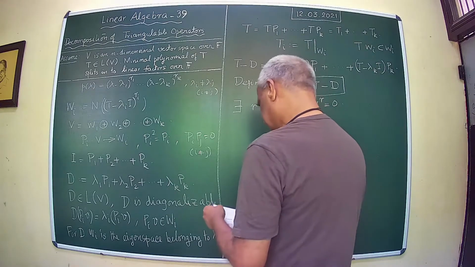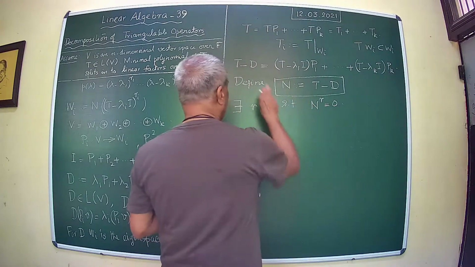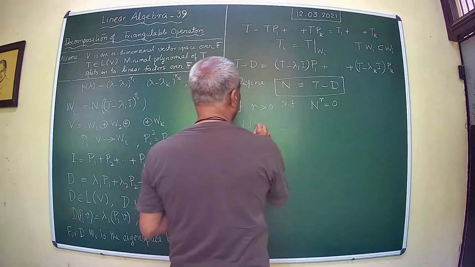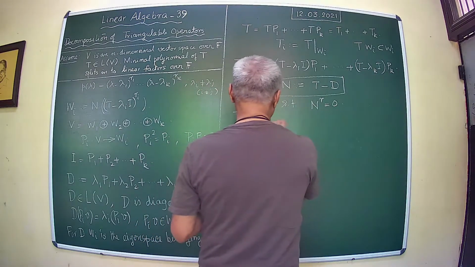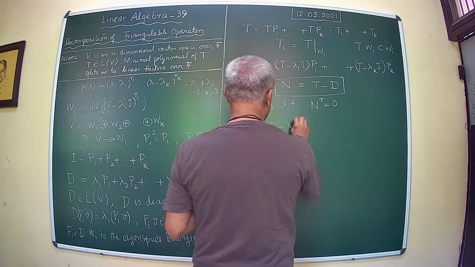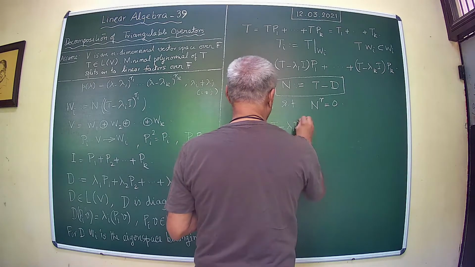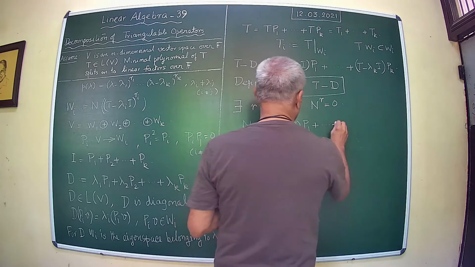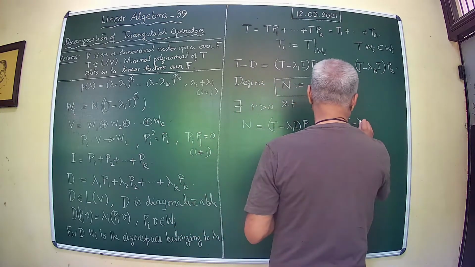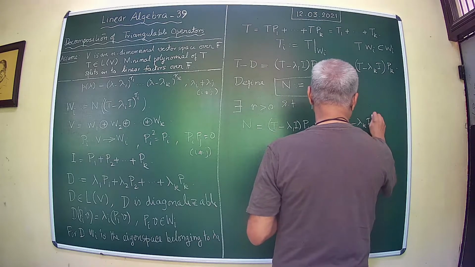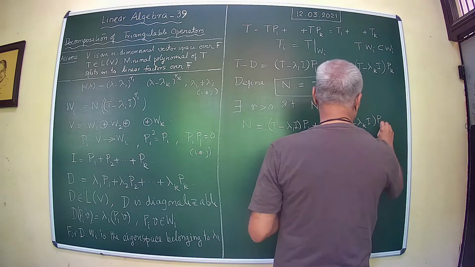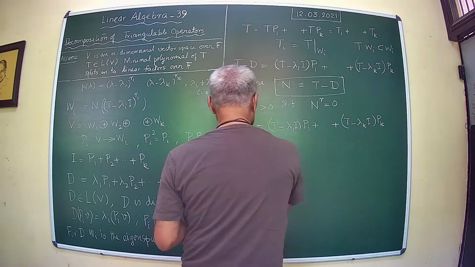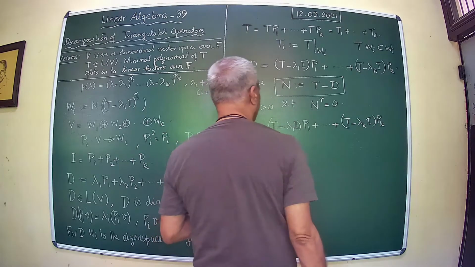Now you see that N is given by T minus lambda 1 I times P1 and so on. Therefore, one easily computes N square.